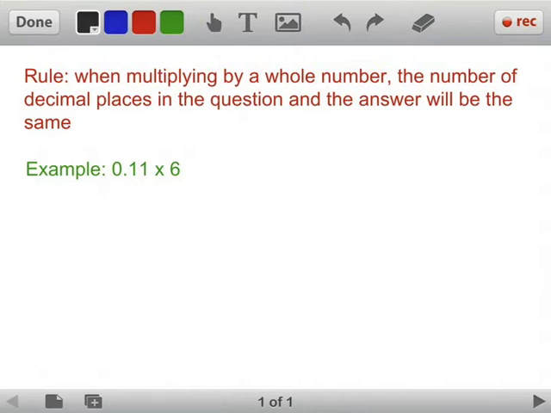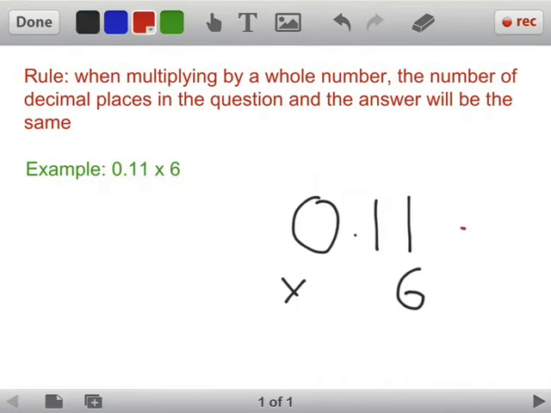So, first step, whenever we multiply a decimal by a whole number, our decimal always has to be on the top line and our whole number always has to be on the second line. So for this example, we have 0.11 multiplied by 6. See here? I've got the decimal on the top and then the whole number on the bottom.